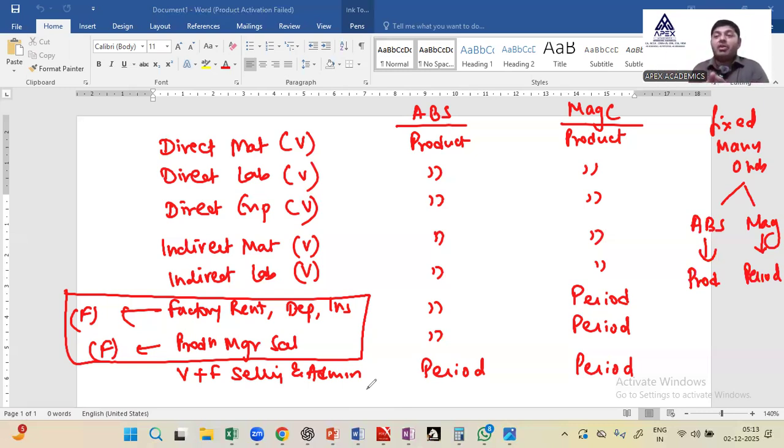Then a semi-variable cost will have to be broken into its variable element and its fixed element, and then basis this classification, they will be classified. So for example, if there is a semi-variable cost of manufacturing, both its fixed and variable components under absorption costing will become product cost. But under marginal costing, its variable component will become a product cost, but its fixed component will be a period cost.